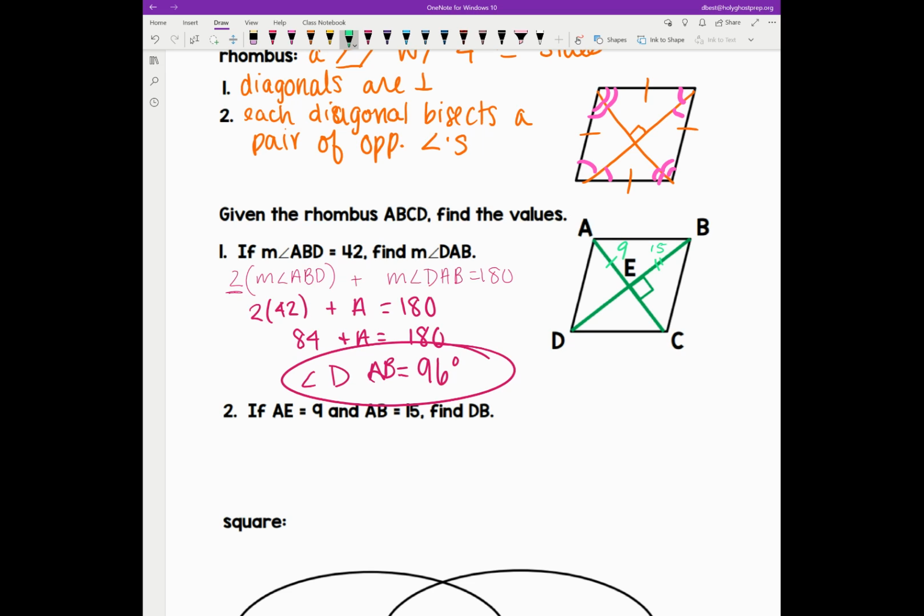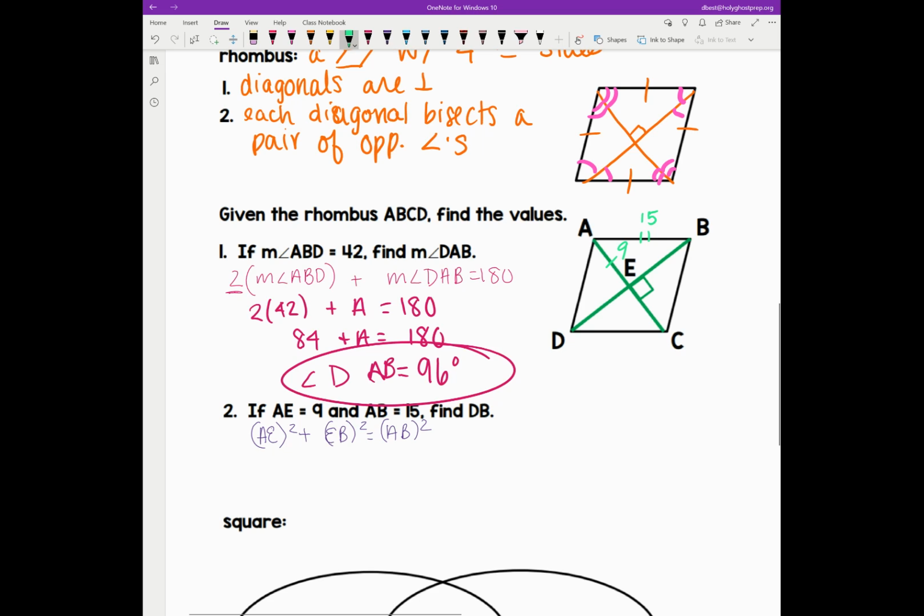So this will require a little bit of Pythagorean theorem, and I'll get you set up, but I'll leave it open for you to solve. So AE, the whole segment squared, plus EB squared equals AB squared. Okay. So using this, we can solve for EB. And sorry, I labeled one of my sides wrong. There we go. That's the 15.